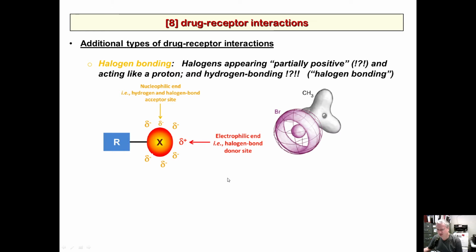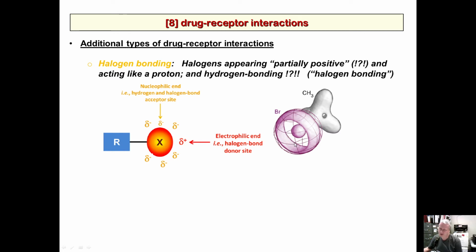This shows what the predicted structure looks like for bromomethane. There's a sphere with delta negative electron density on the inner part of this, but around the tip area it's considered more delta positive.